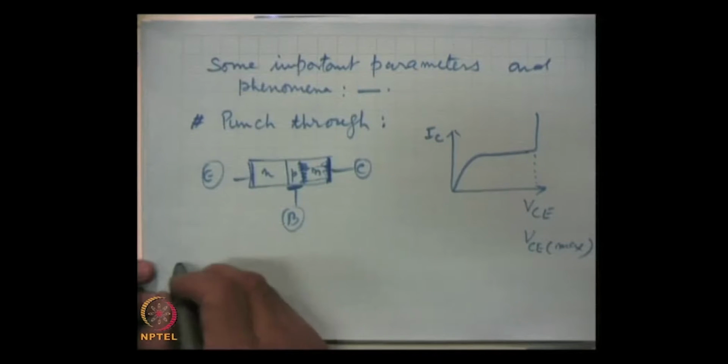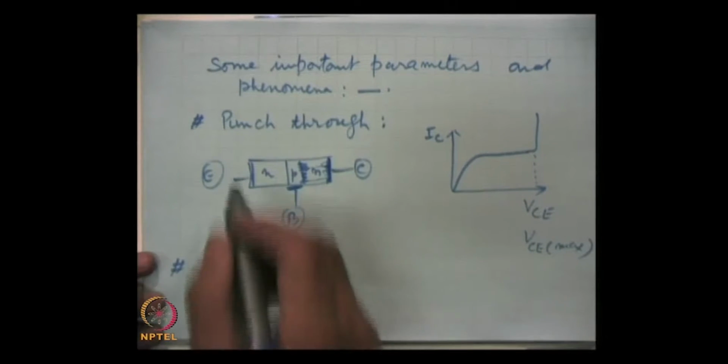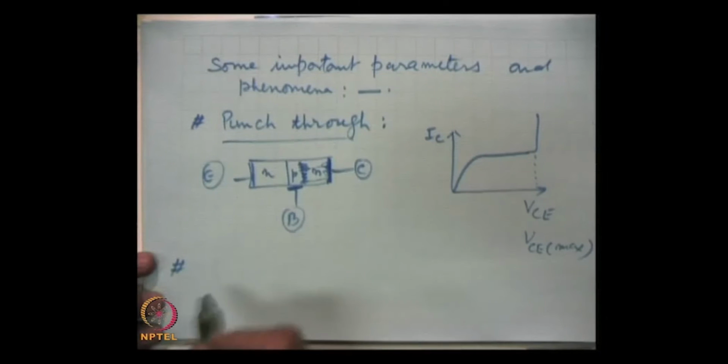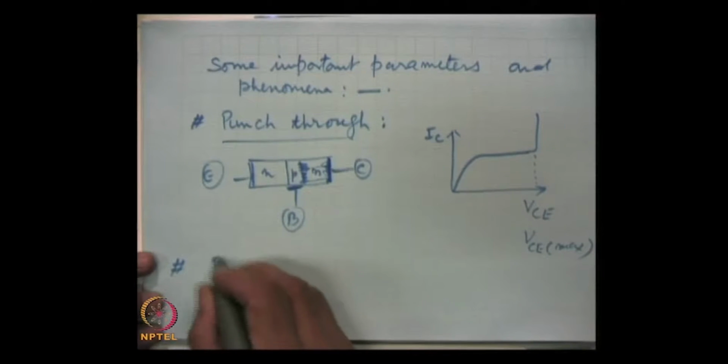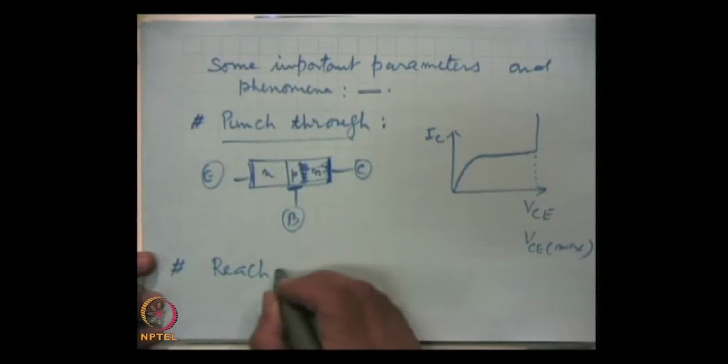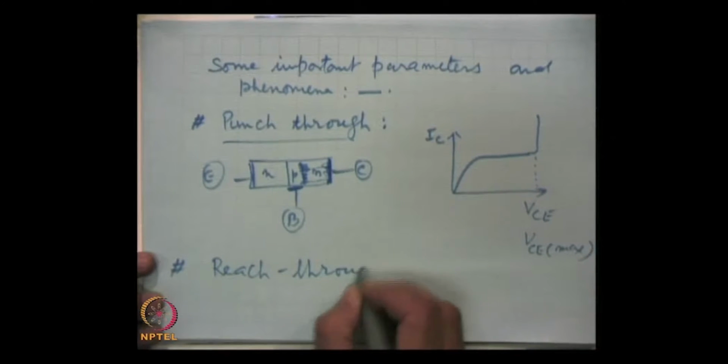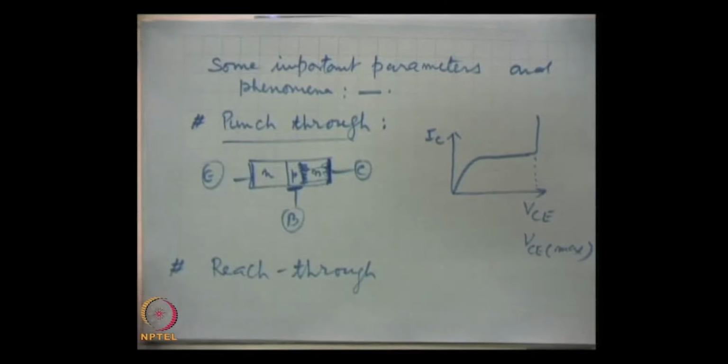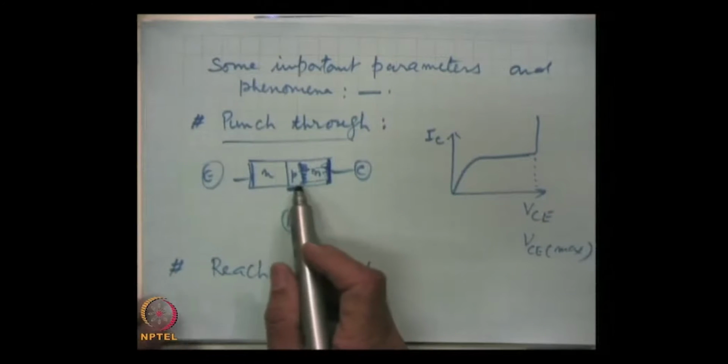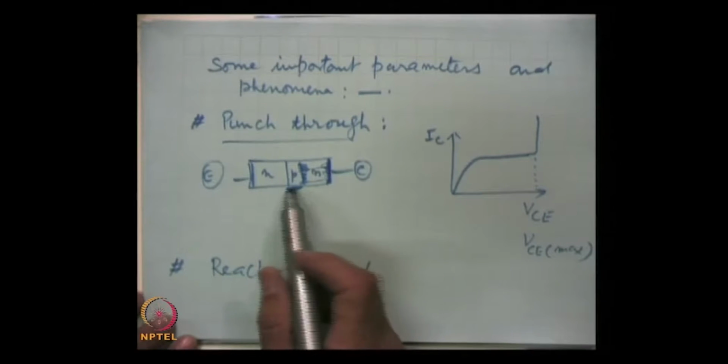The second point is also related to this depletion width, that is reach through. This is because the base region is already very small, very thin, and it is lightly doped.